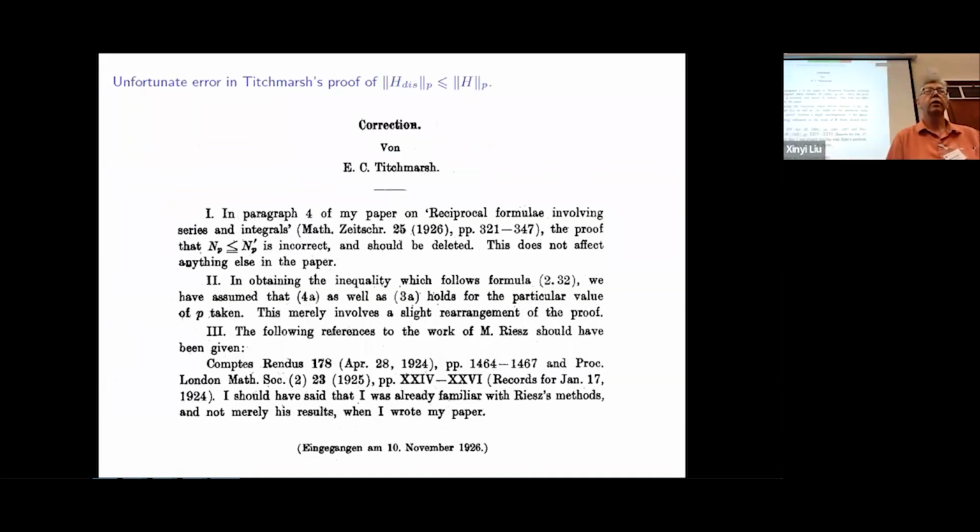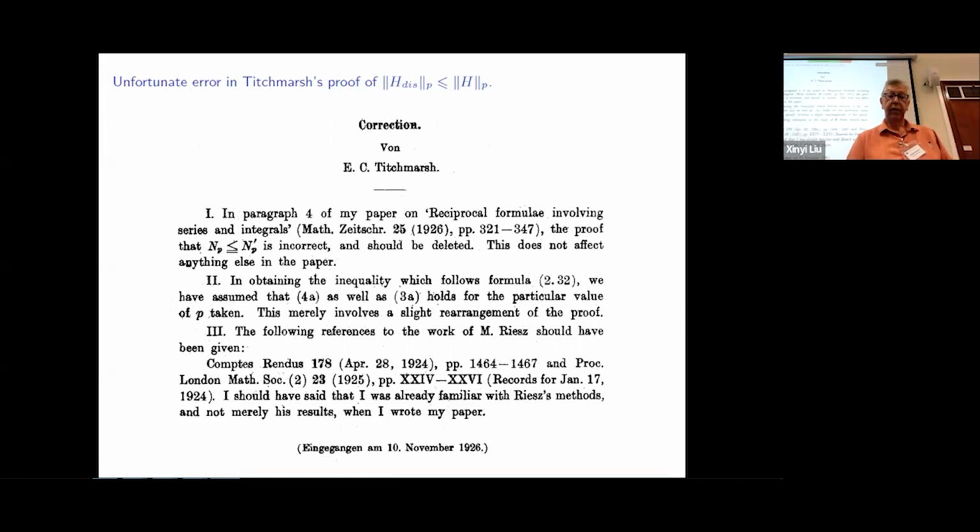Unfortunately, the following year, Titchmarsh had to write a retraction or a correction. In paragraph 4 of my paper, involving series and integrals, the claim that these two operators have equal norm is incorrect and should be deleted. This does not affect anything else in the paper.